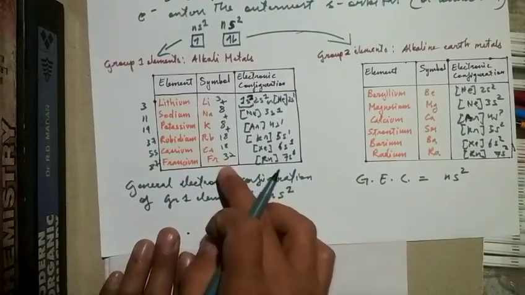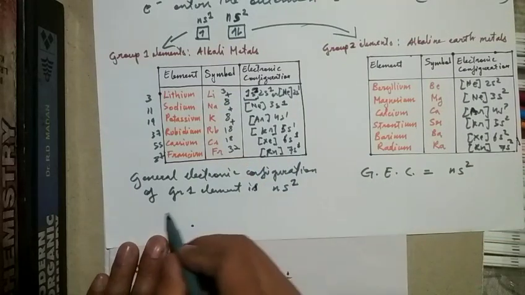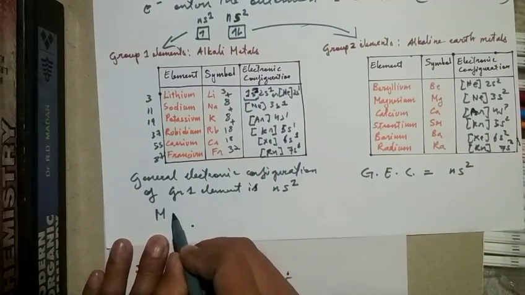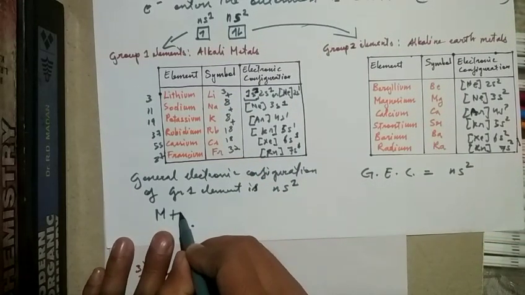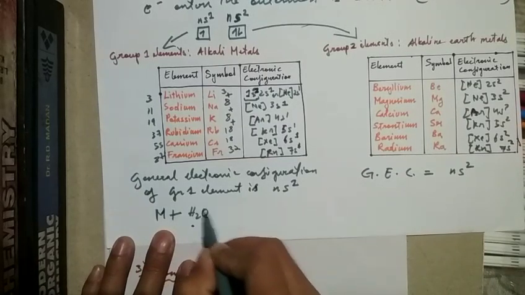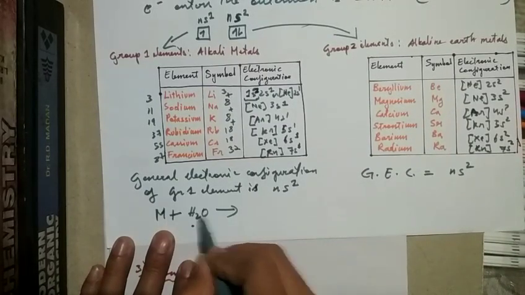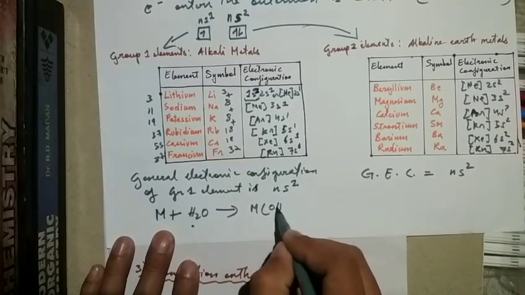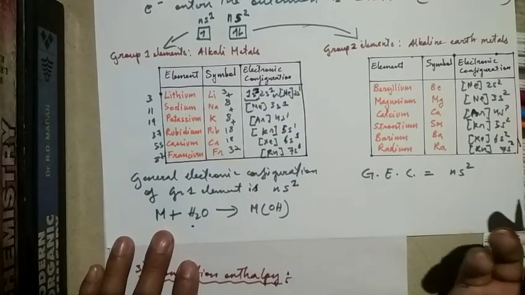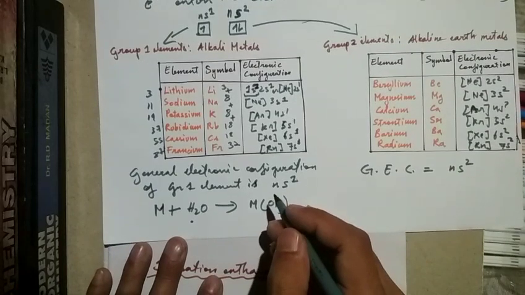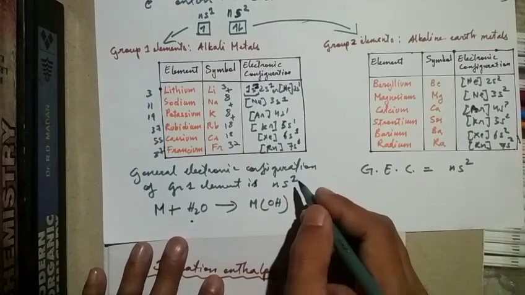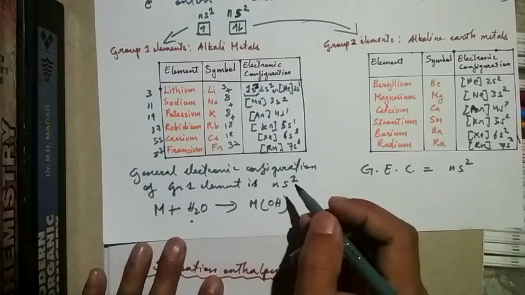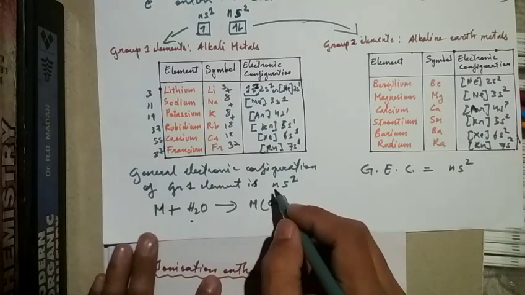So for group 1 elements, let's represent them by M, plus H2O. They react with water to give metal hydroxide. OH, we know, is named hydroxide.